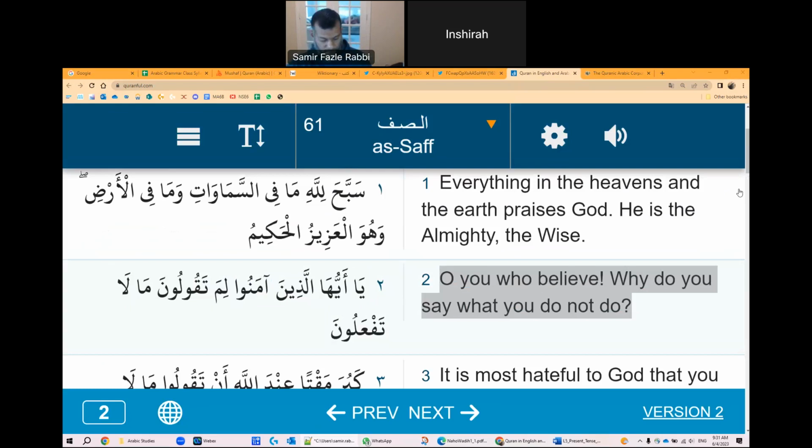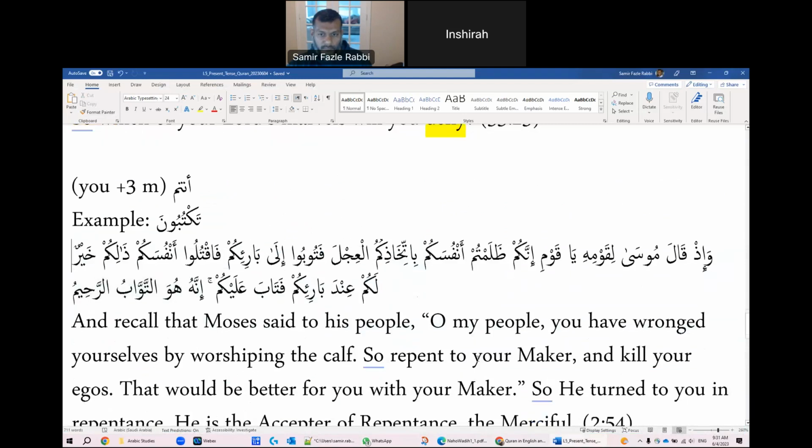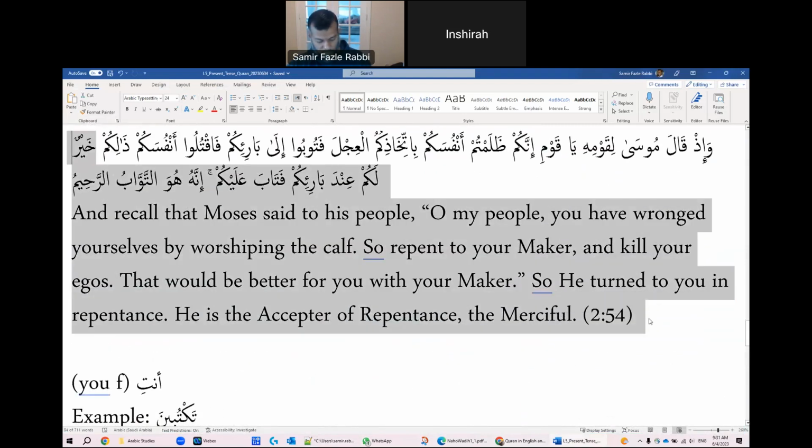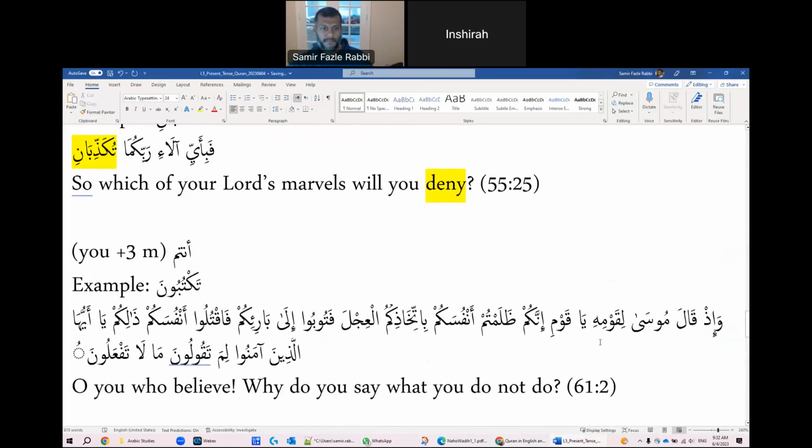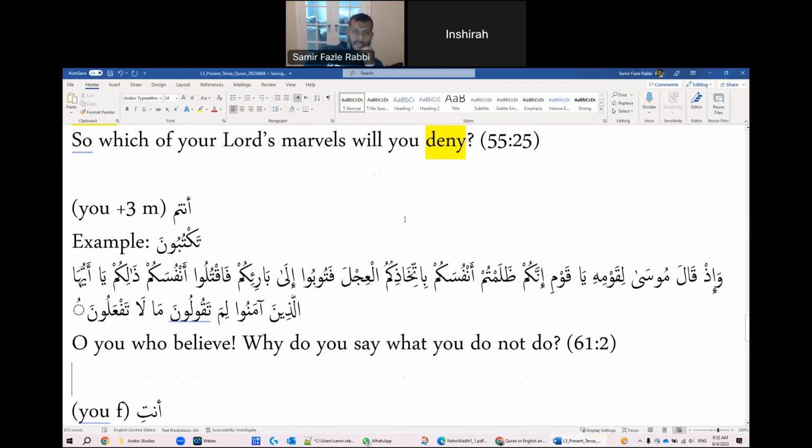All right. Antum, yep, taktubun. And so this verse, I'll just read real quick. Qala Musa liqawmihi, ya qawmi inna. Oh wait, no, I didn't copy it. Did I copy it?